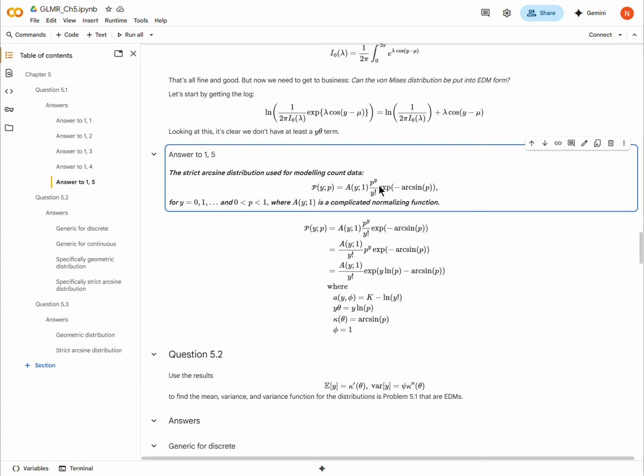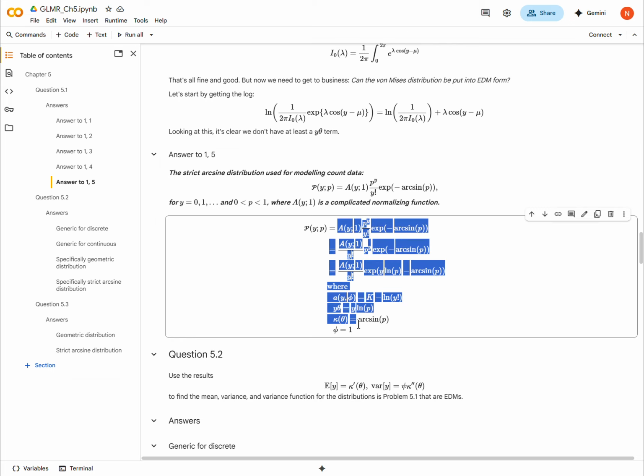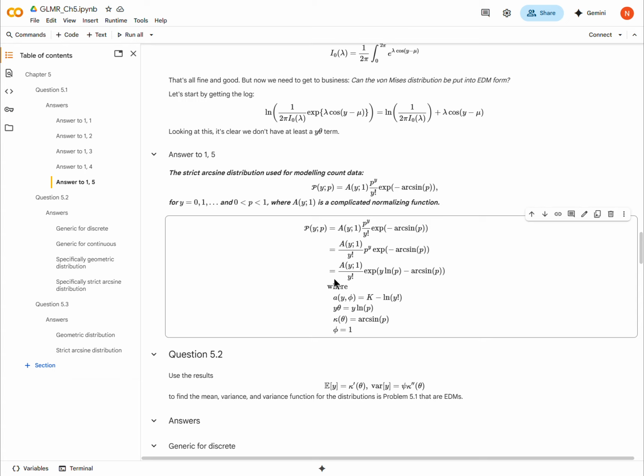And actually pretty quickly we see, when we just look at this, that it kind of looks like it already has some of the components that could easily fit into the EDM form. We have something exponentiated, and we have a guy out here that is not being exponentiated, whatever. But you can go through and show that you can put this into EDM form. Okay. So again, hopefully you can walk through the math for yourself.